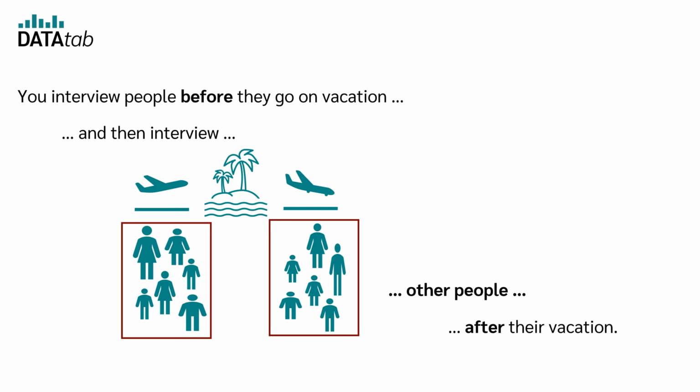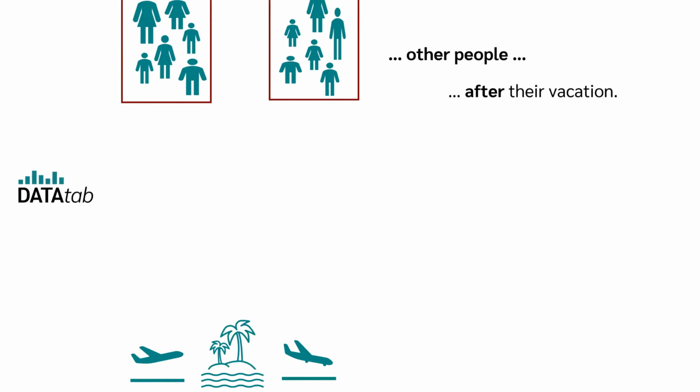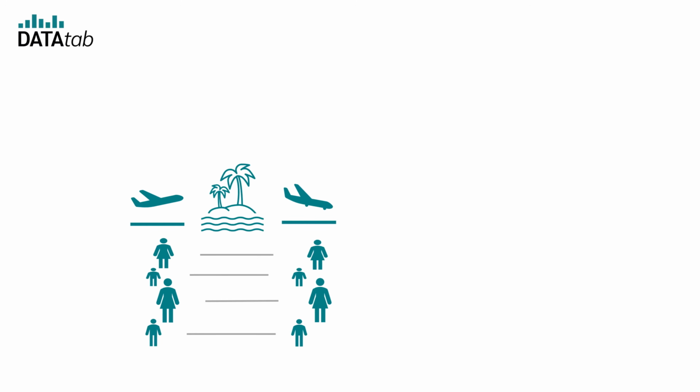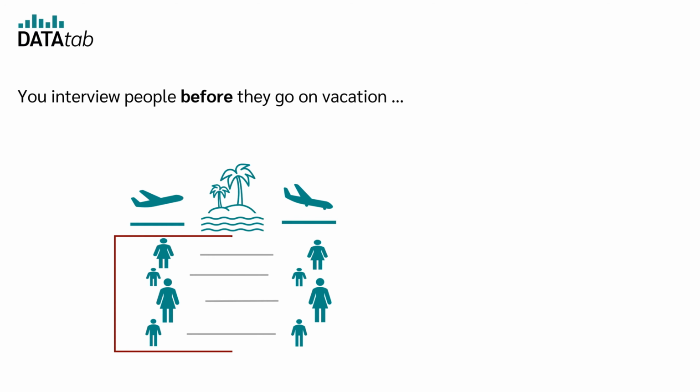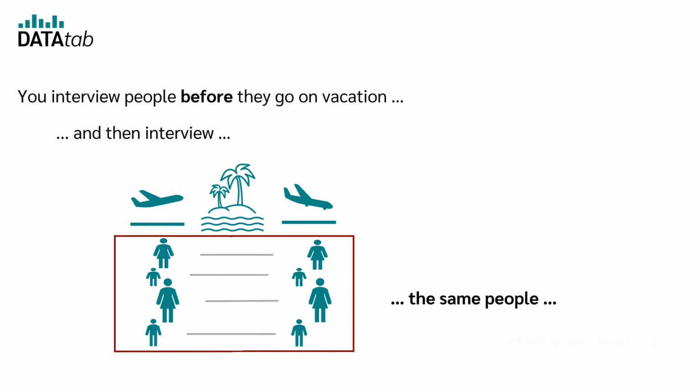In this case, you would have an independent sample because the people you interviewed before the vacation have nothing to do with the people you interviewed after the vacation. The second possibility, and also the better possibility, is you ask people before they go on vacation and then you ask exactly the same group of people again when they return from their vacation.